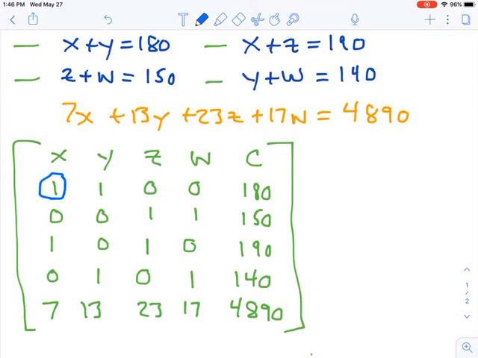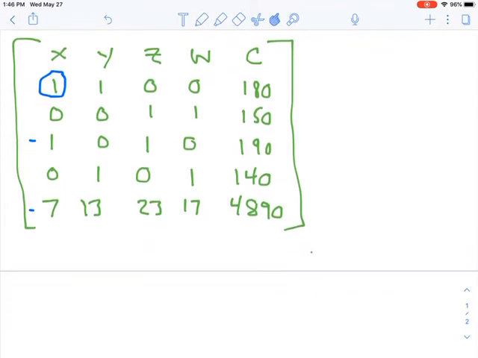So we need to get rid of this 1 right here, and we need to get rid of that 7. We need to make those into zeros. To do that, we have to use row operations. What I like to do is rewrite the rows that I'm not going to change.